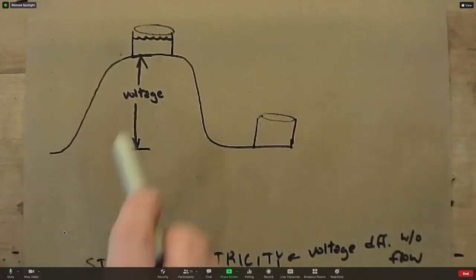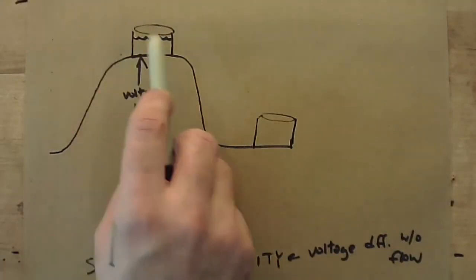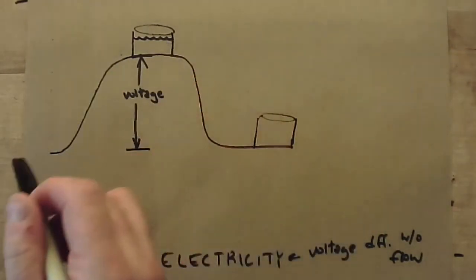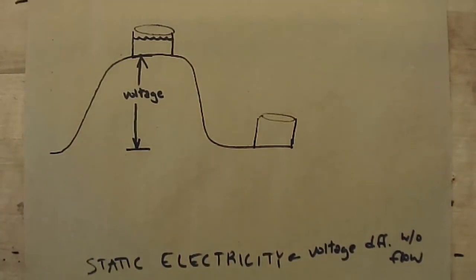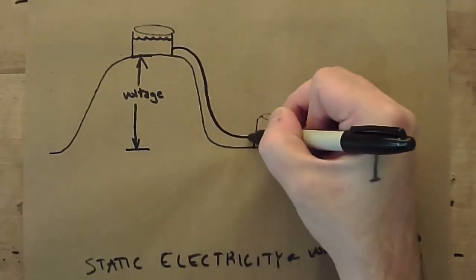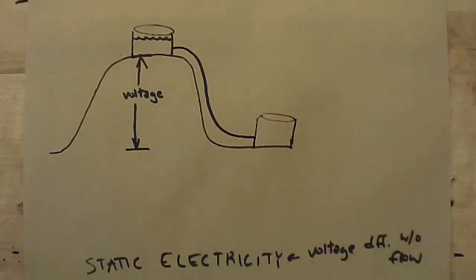If we want this water, this electricity, these electrons to flow, we have to connect these two vessels somehow. So we will hook them up with a hose of some sort.